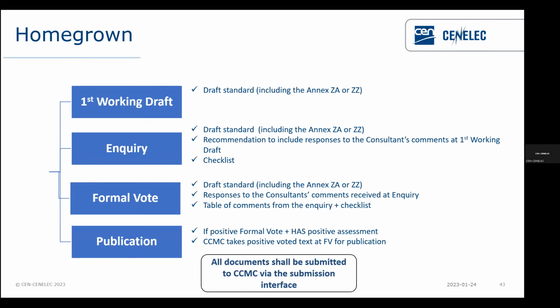You're also expected to respond to the comments of the HAS consultants by indicating how you addressed his or her comments following the previous HAS assessment. At publication, if the formal vote and the HAS assessment is also positive, CCMC would then proceed to publication. So please remember that for homegrown standards, all documents are to be submitted to CCMC via the submission interface tool.